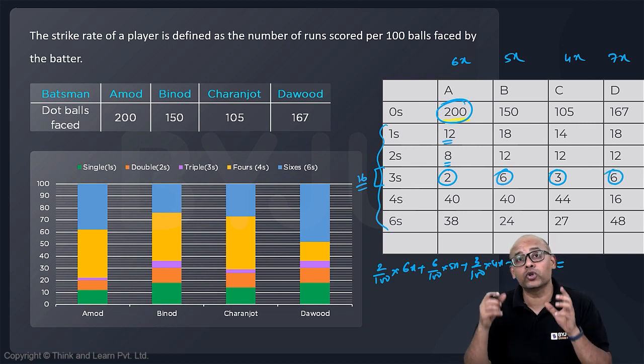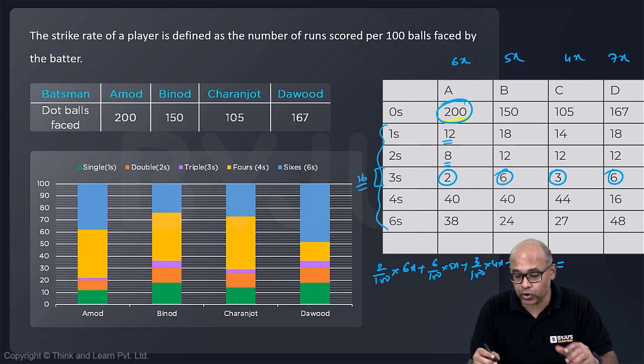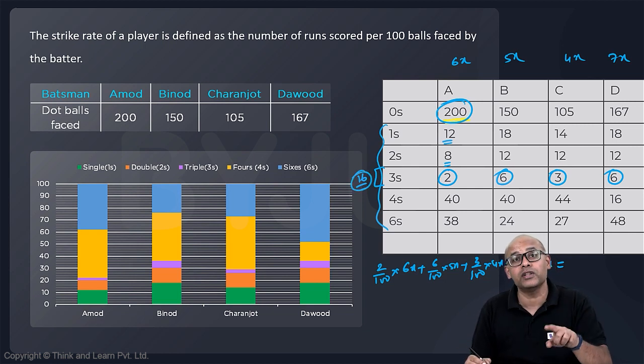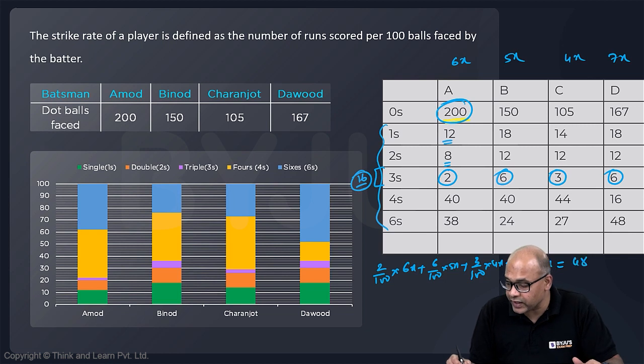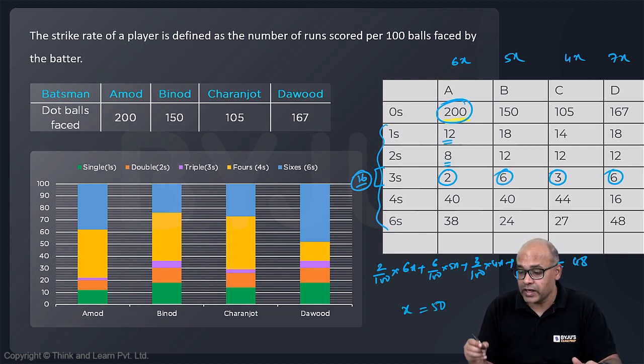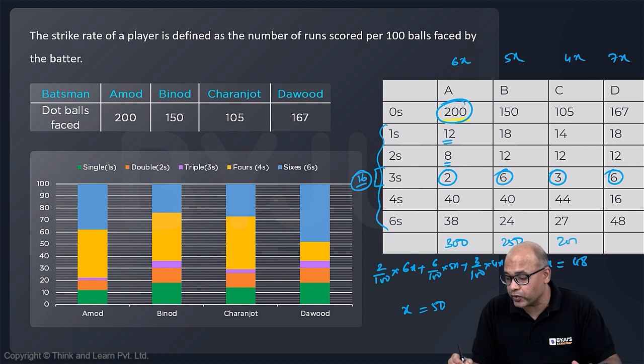This should be equal to the total runs scored in threes. So total balls of threes are 16, so 16 threes are 48. And from here, if you simplify this, you'll get the x value as 50, which means A scored a total of 300 runs, B scored a total of 250 runs, C scored a total of 200 runs, and D scored a total of 350 runs. Now that is not it.